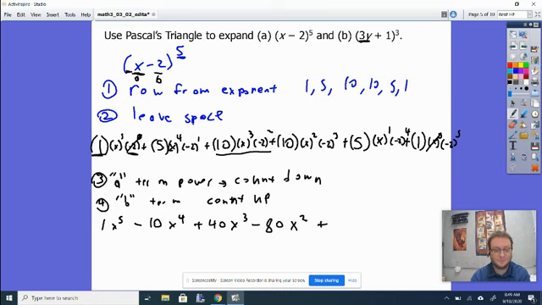And then just x. Okay, I don't really need that one. And then the last one, negative 2 to the fifth, 2, 4, 8, 16, 32. But it's going to be negative. Okay, and there's my answer. Again, I don't necessarily need this one out front, so let's get rid of that.